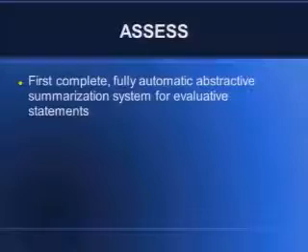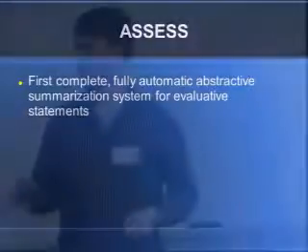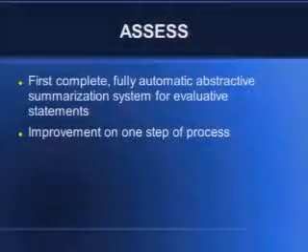So this system, as far as we know, is the first fully automatic abstractive summarization system to complete this task. All the various parts existed, but this is the first time they've all been put together. And I managed to make an improvement over one of the steps of the pipeline.